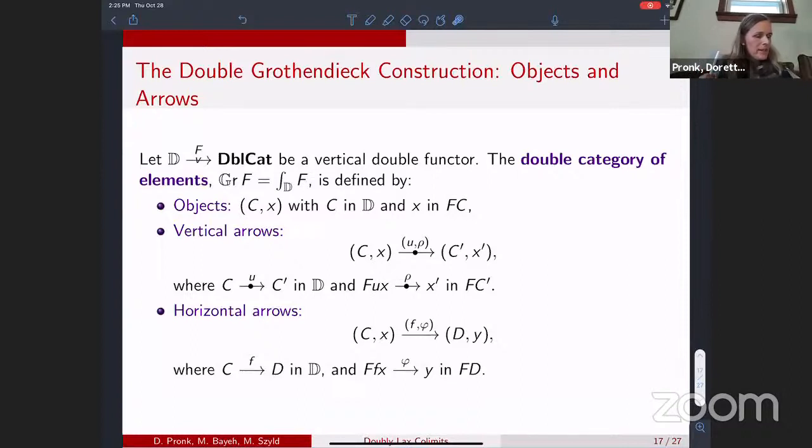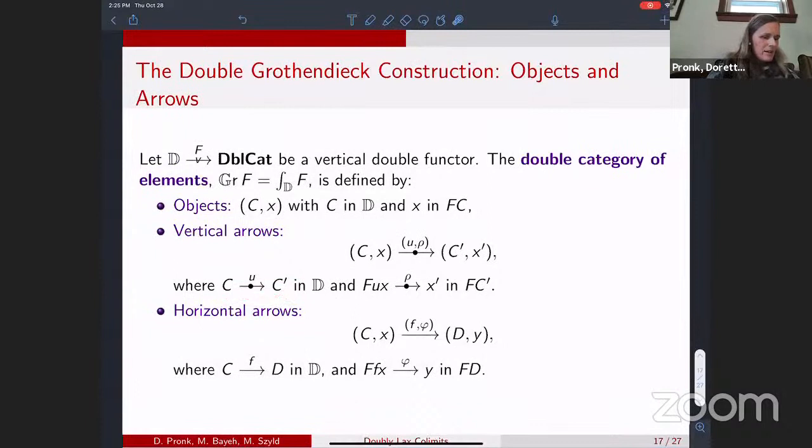So for every object C in the double category D, I look at FC, which is another double category, and I can take an object there. So objects in our category of elements will be pairs C, x. Then the vertical arrows will again be a pair: a vertical arrow in D together with a vertical arrow in F of the codomain of the original arrow. So we have the arrow from C to C prime.